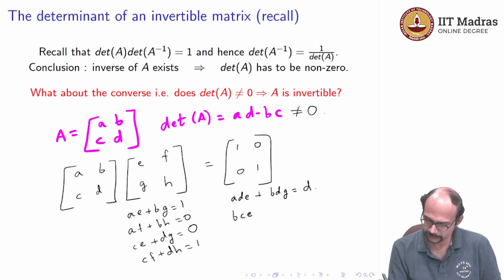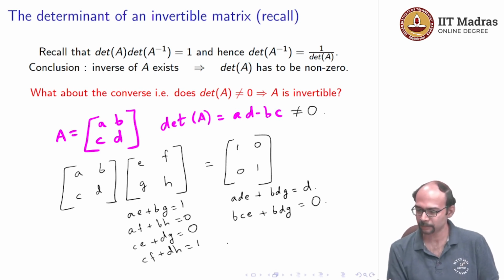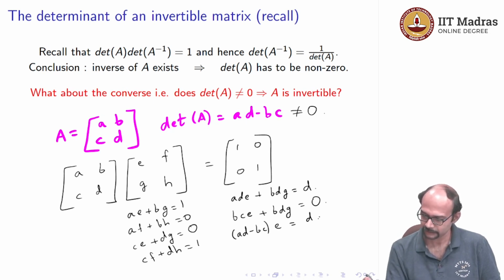So, bce plus bdg is 0. That is what I get. So, now I can subtract out the bdg. So, if I do that, what do I get? I get ad minus bc times e is d, right.